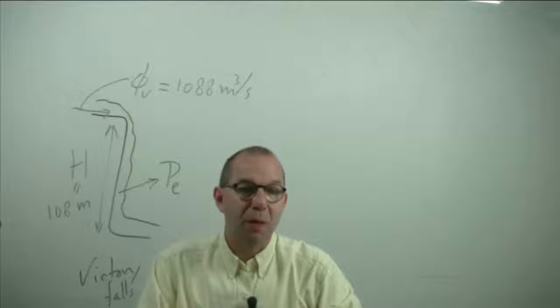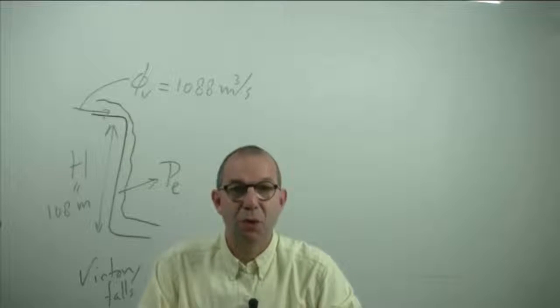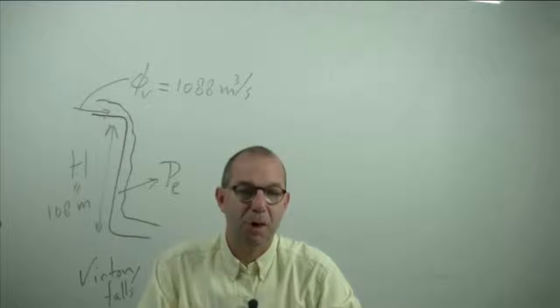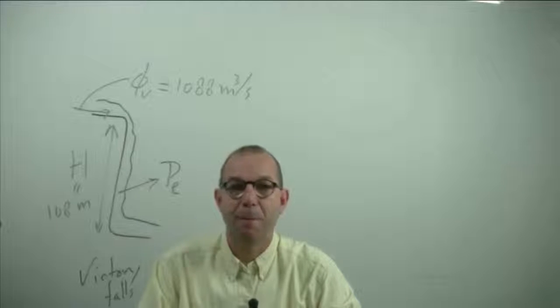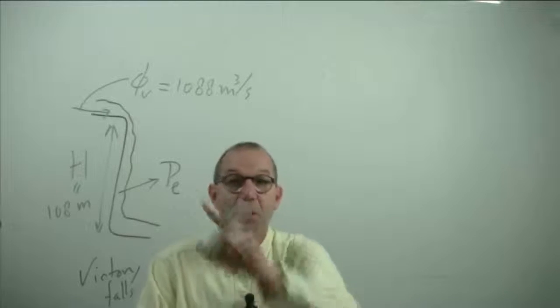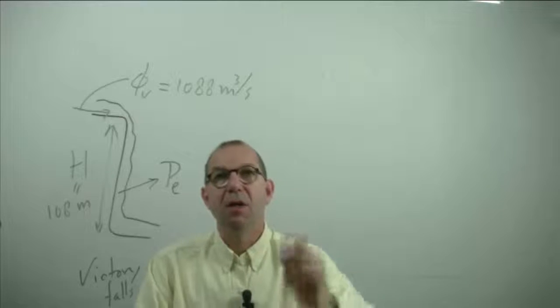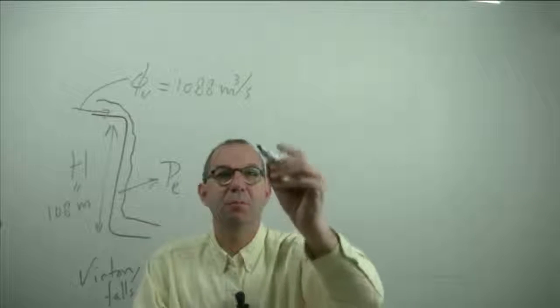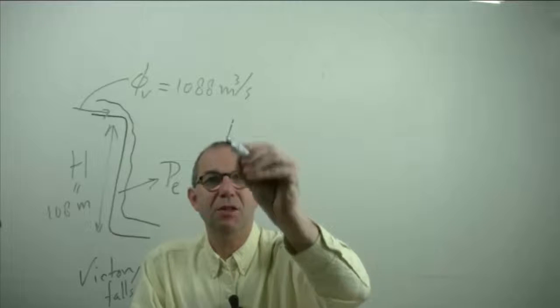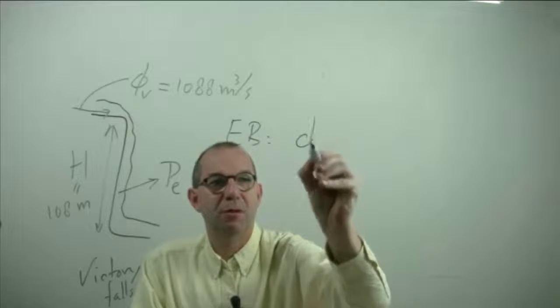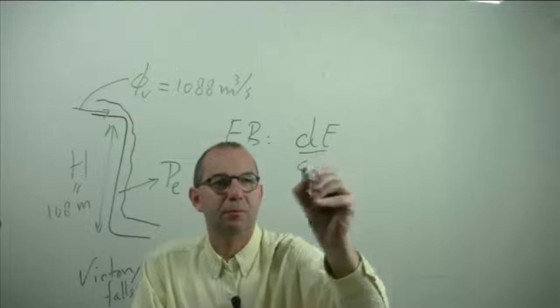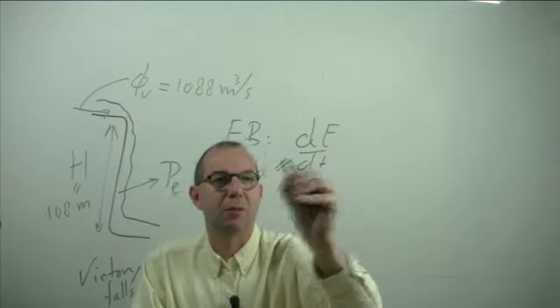To give you a ballpark number, standard modern power plants fired by fossil fuels have outputs around 2000 megawatts. How much would this be? Okay, this is a steady state system, so we can set up an energy balance, and do that in steady state, so that dE/dt equals 0.